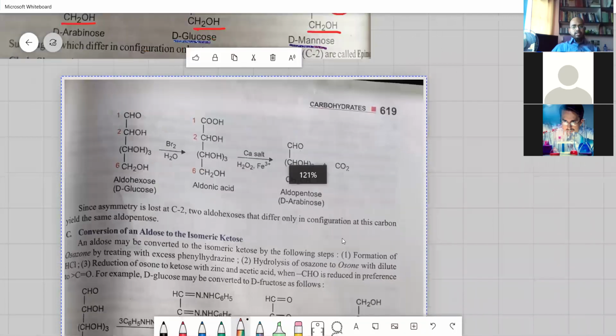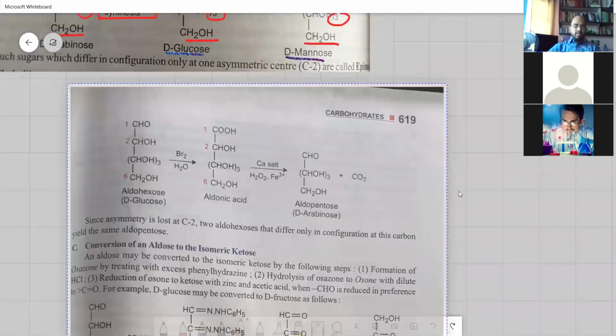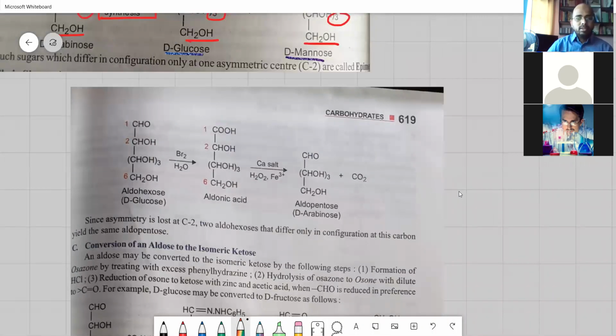You see this chain shortening, how it is written in a simple textbook. So you have chain shortening here with D-glucose. It is also called an aldohexose.